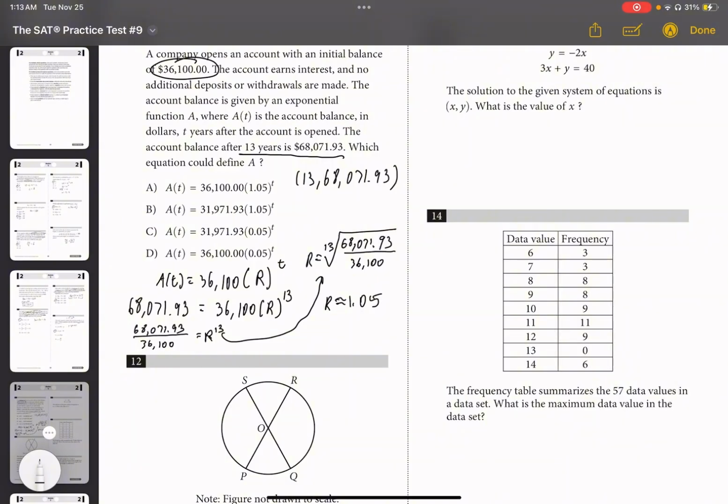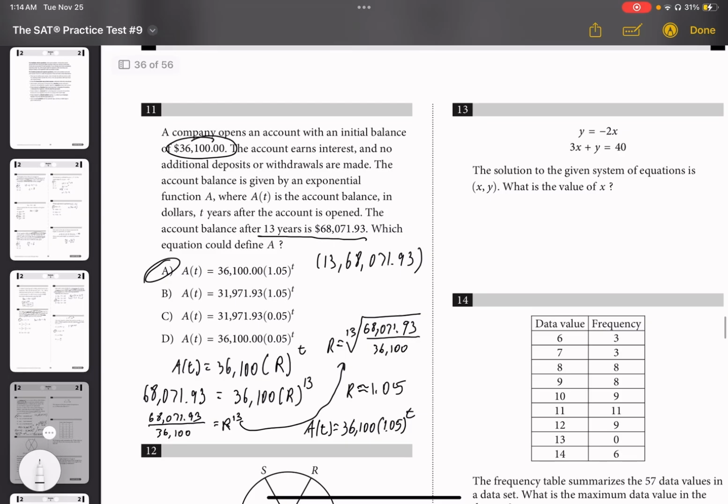Now looking at our equation, we'll have A of t is equal to our initial value times this rate times the amount of years. And this is equal to option A. But you didn't really have to do this whole process if you could really eliminate your answer choices earlier.